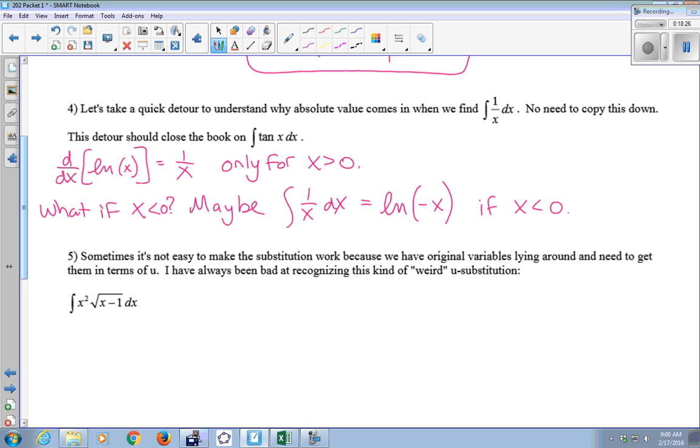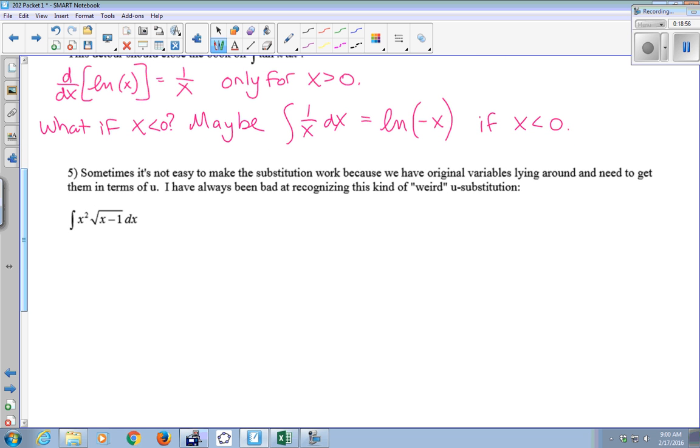I did that because if x is less than 0, then the opposite of x is positive, right? If x is already negative, if you put a negative sign in front, it becomes positive. And so now the ln is defined again. The problem was that I couldn't just make it ln x because x is negative and then ln doesn't exist. So this is a wild guess right now. Is that true?